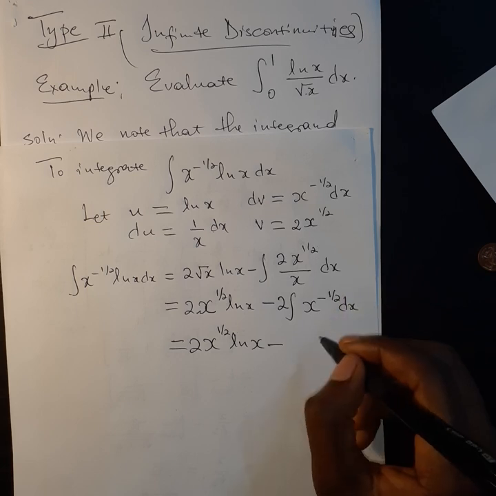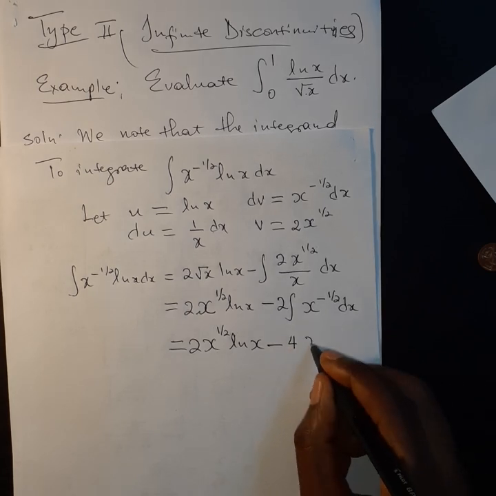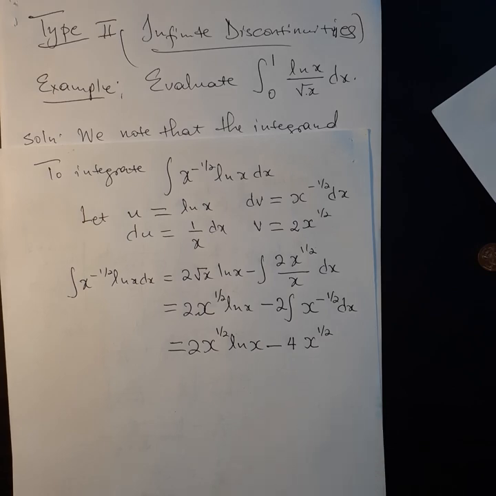It will be a half divided by a half, and then it will be 4x to the power 1 over 2, like that.